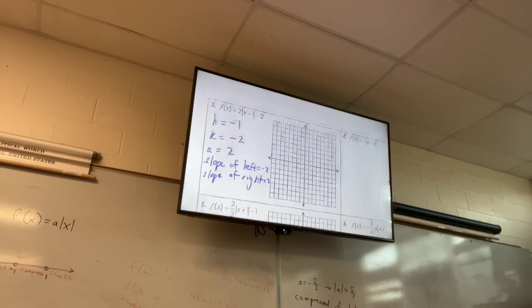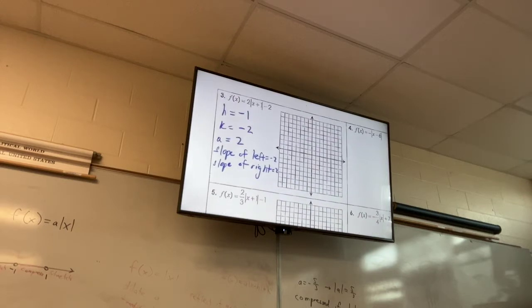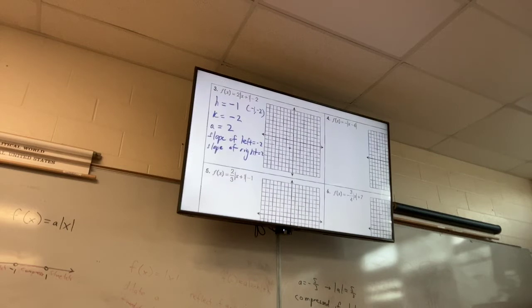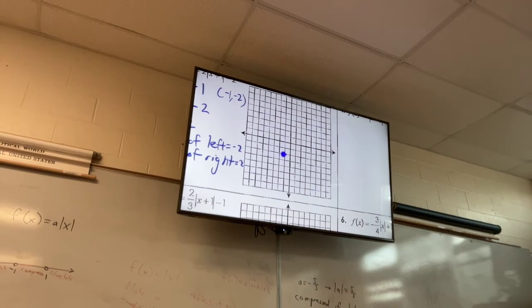Good job. So my vertex then, Will Fletcher, is what? -1, -2. Yeah. So I plot my vertex: left 1, down 2. Okay, and then the slope of my left is -2, so to plot another point on the left, I go left 1, up 2.